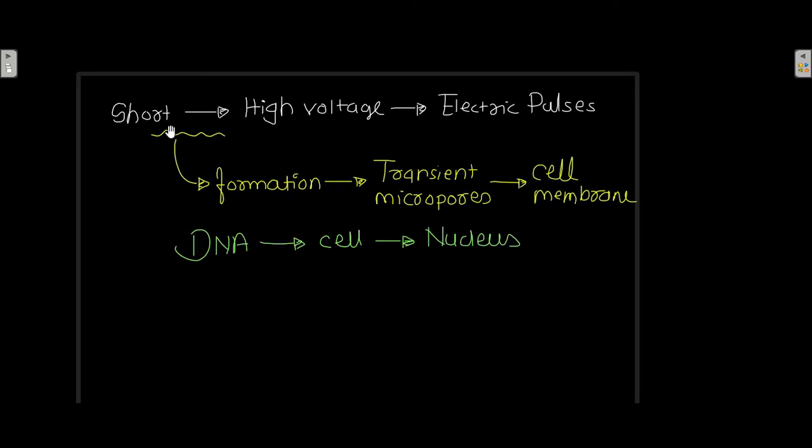Now these short high voltage electric pulses result in the formation of transient micropores in the cell membrane, through which the DNA enters into the cell and then into the nucleus.